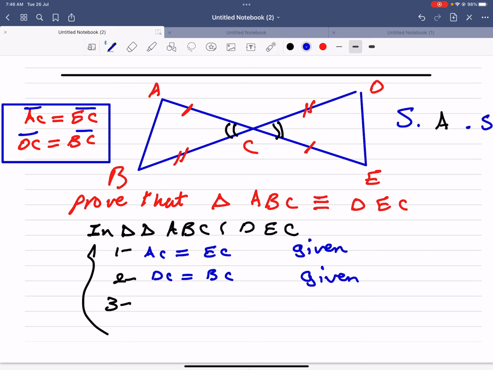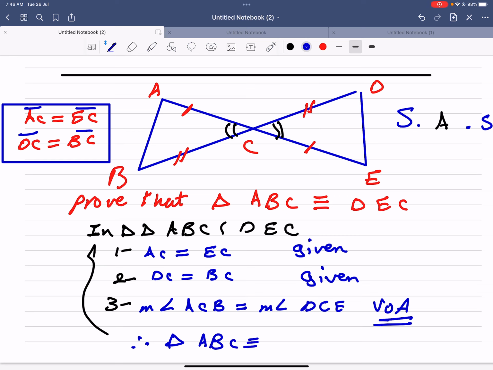He asks what the third is. We say the measure of angle ACB equals the measure of angle DCE, vertically opposite angles. Therefore the triangle ABC is congruent to the triangle DEC, by which case? Of course SAS.